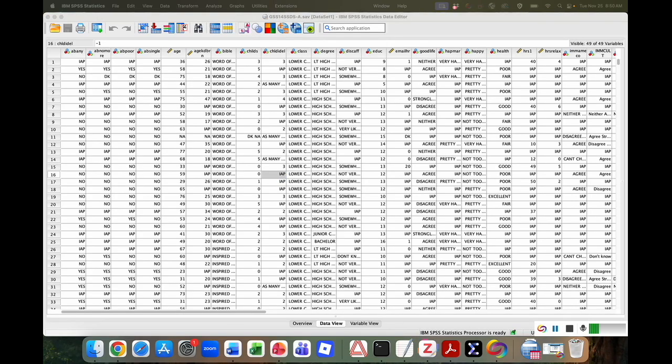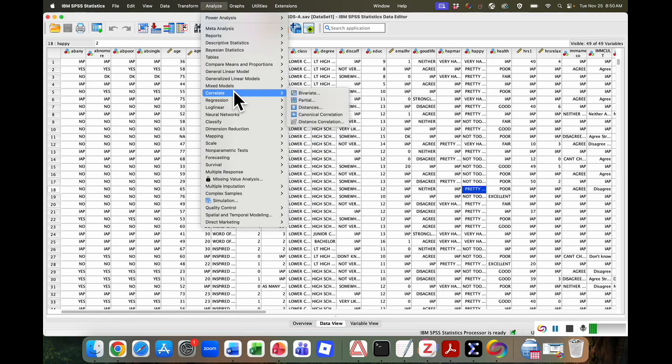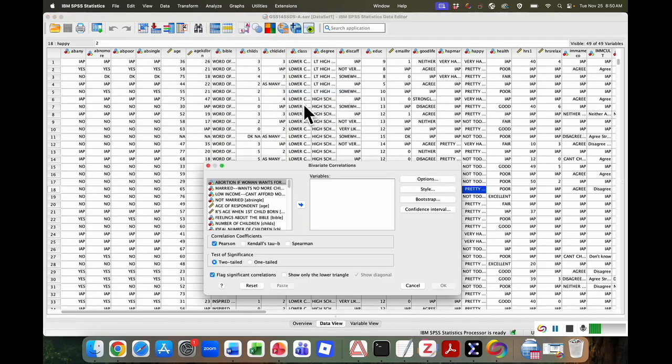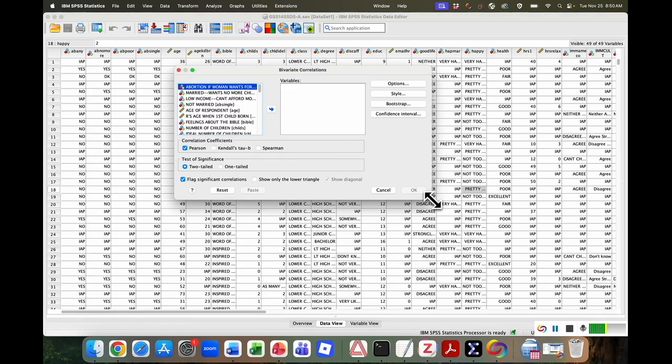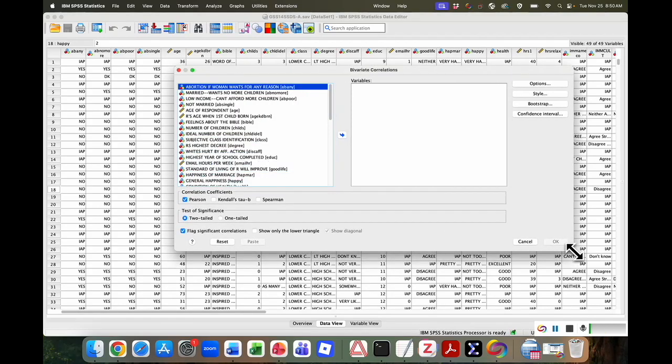Let's look at the correlation between the highest year of school completed and the number of hours worked last week. To correlate, we go to Analyze, Correlate, Bivariate. You can't really quite see the variable names in the way this box is right now, and there are some variables which are similarly named.